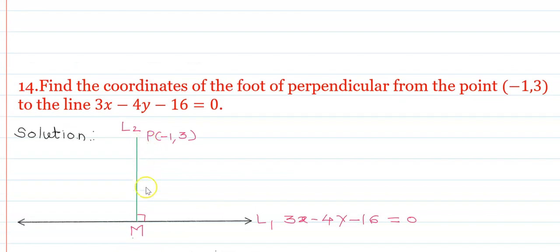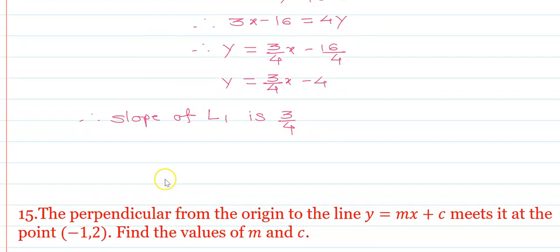L2 is perpendicular to L1, therefore the slope of L2 is equal to -1 upon the slope of L1.